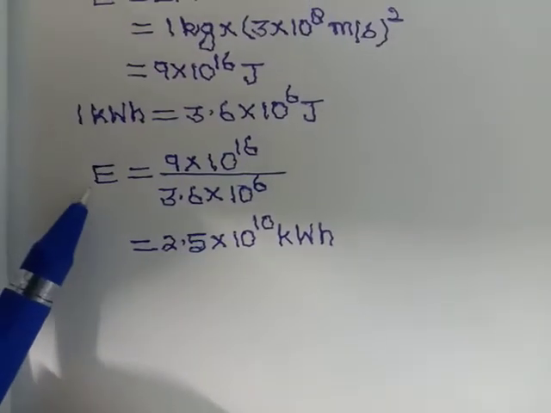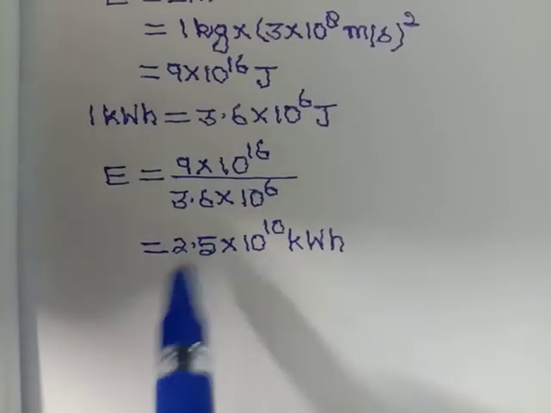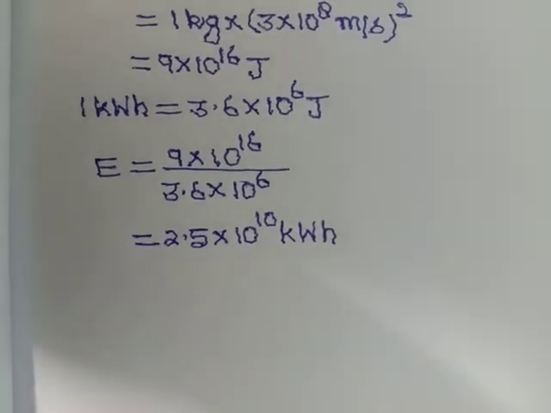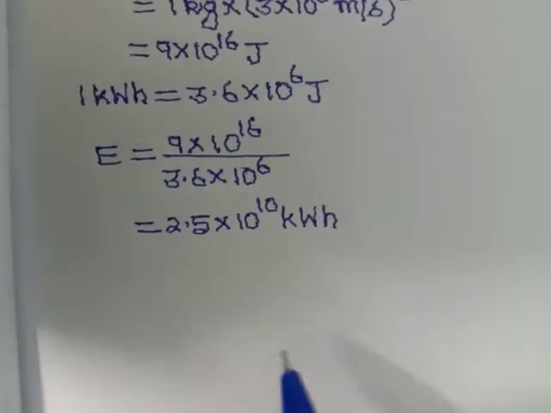So 1 kilogram of mass change is equivalent to 2.5 into 10 to the power 10 kilowatt hour. Okay.